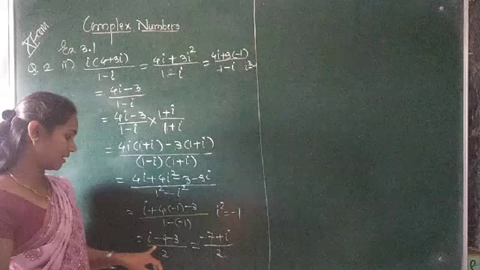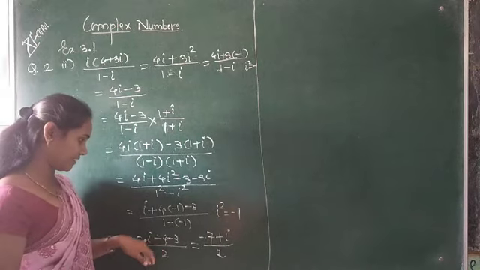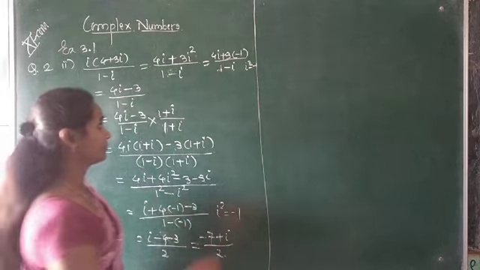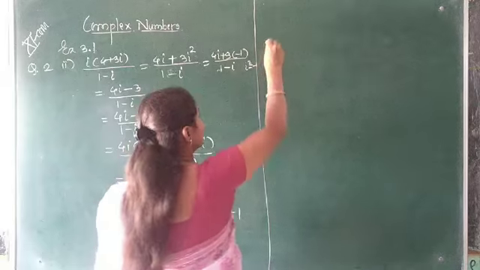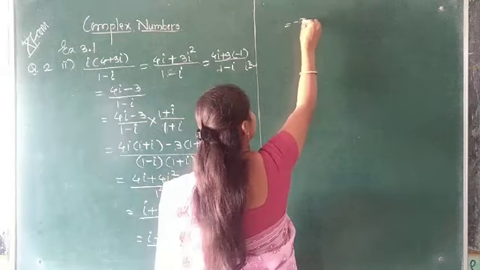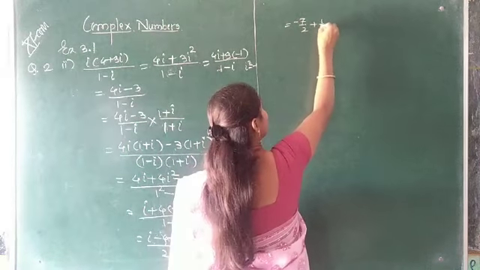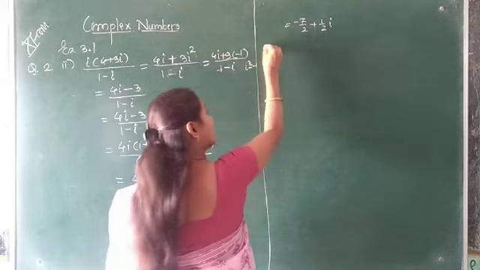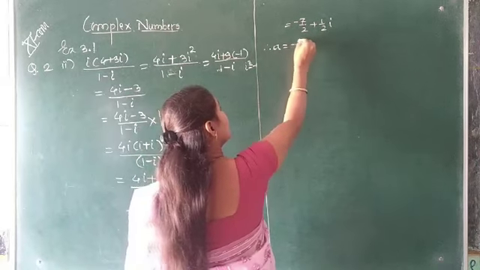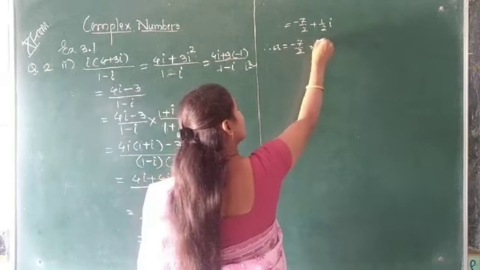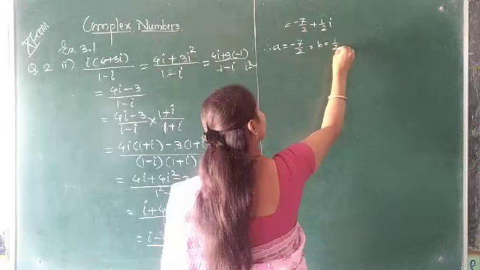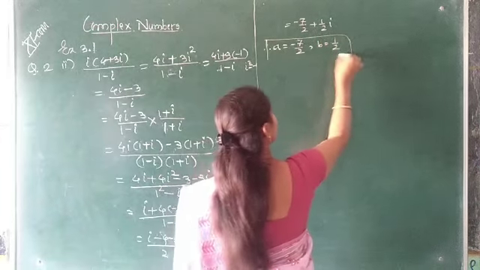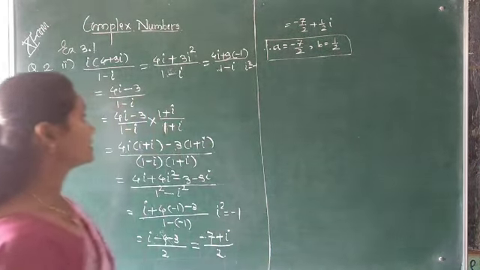The real part is minus 4 minus 3, minus 7, and plus i divided by 2. Therefore this number can be written as minus 7 upon 2 plus 1 upon 2 into i. Therefore a is equal to the real part, minus 7 by 2, and b is equal to 1 by 2. So this is the second question.